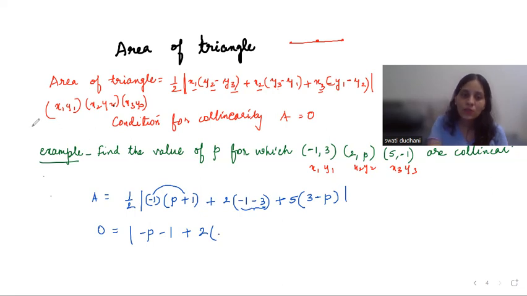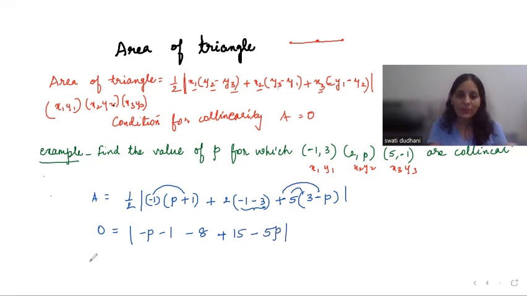Minus 4 into 2 is minus 8, plus 5 into 3 is 15, plus minus 5 into p is 5p. So 0 is equal to minus 5p minus p, which is minus 6p. Now minus 8 minus 1 is minus 9. Minus 9 plus 15 is plus 6, equal to 0.